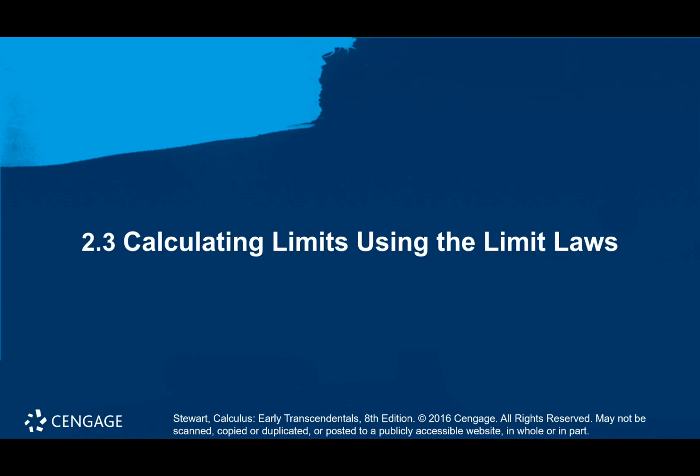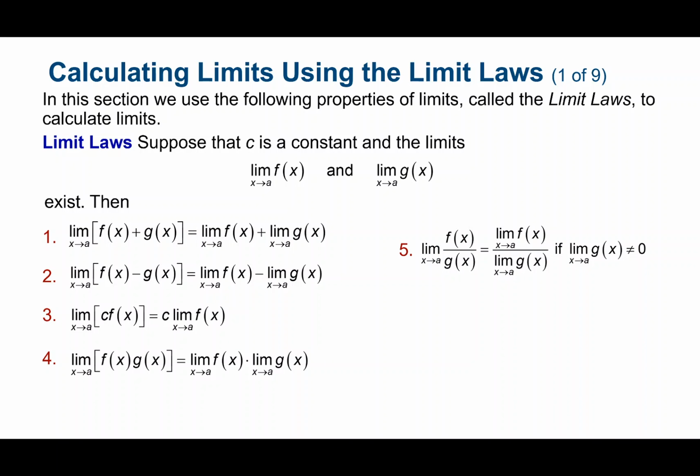That's where we are headed to. Our 5 limit laws. I'm not going to make you write down the definitions or anything. You just need to know how to use these things and when you can use them. You'll be in good shape.